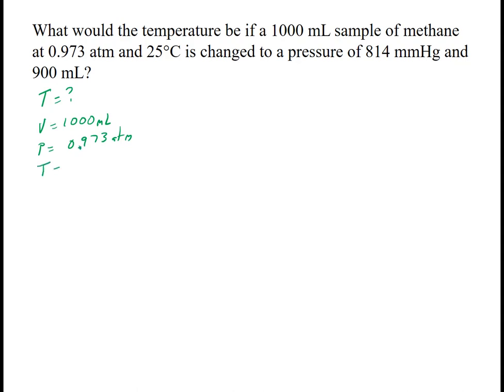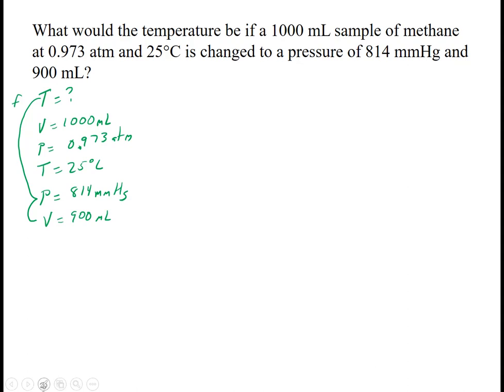And I have a temperature of 25 degrees C. It's changed to a pressure of 814 millimeters of mercury and a volume of 900 mLs. Okay. This one's a little bit tricky because it asks what the temperature would be when it's changed to these two. So therefore, it's this and that are linked together. So I'll make that my final.